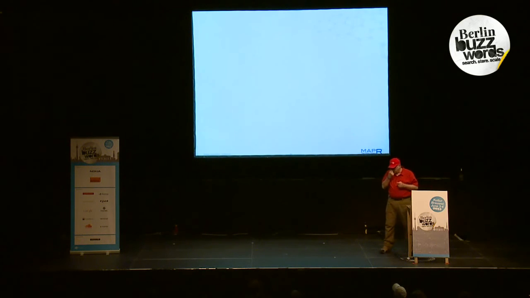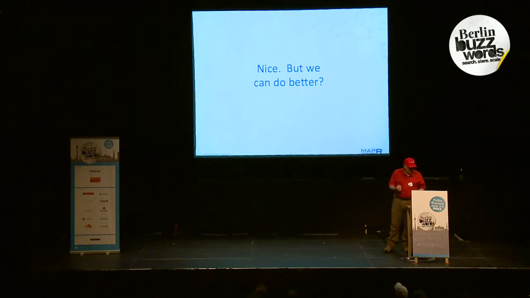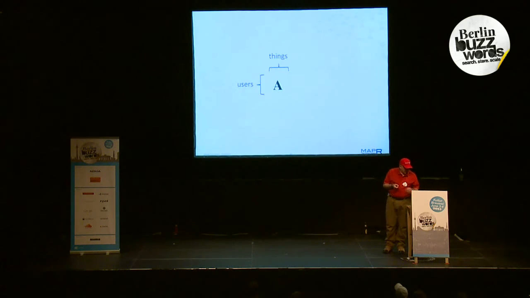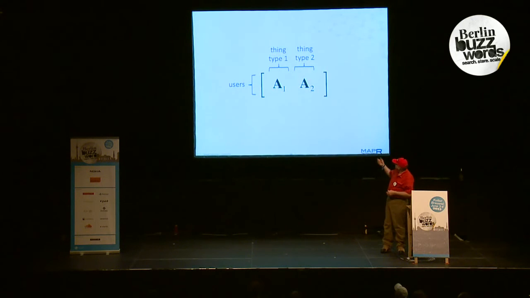But what we want to do here is full-on multimodal. Multiple kinds of input, not just from one behavior to the same behavior, not just from one behavior to another kind of behavior. We want to go beyond that. So we want to do better. We want to start with this single kind of history that we had, users and things, and we want to combine it into an adjoined matrix of users and things of type 1, users and things of type 2.